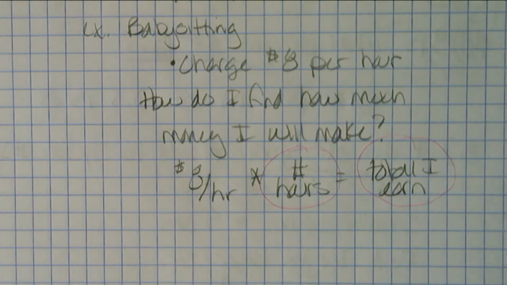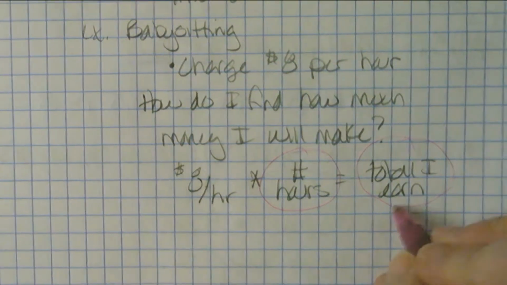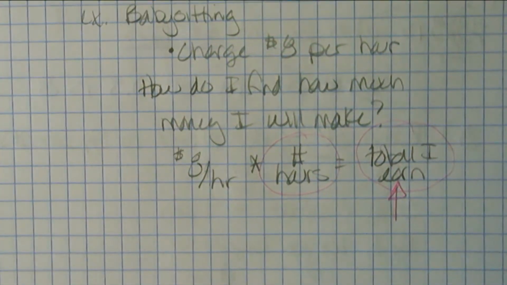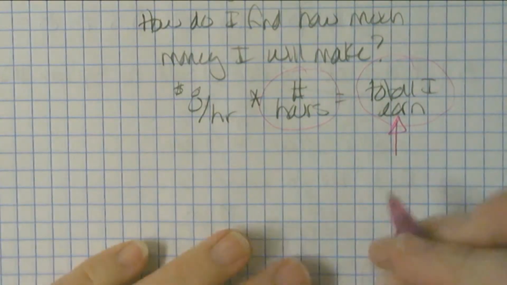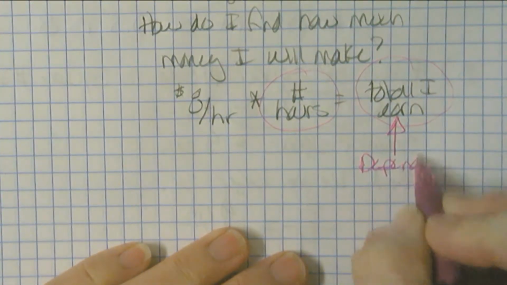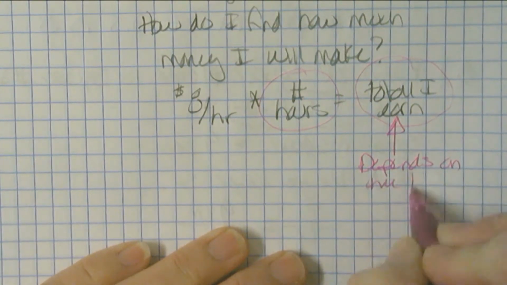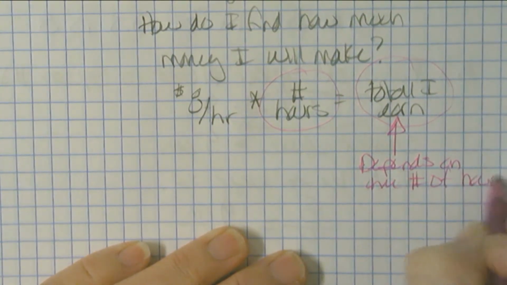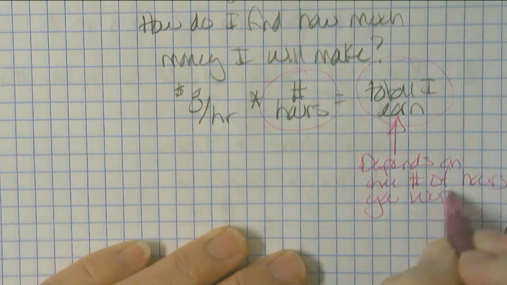And which one of them depends on the one you're changing? Victoria? Exactly. The total amount of money that you earn depends on how many hours you work, doesn't it? So this total amount of money depends on the number of hours you work.